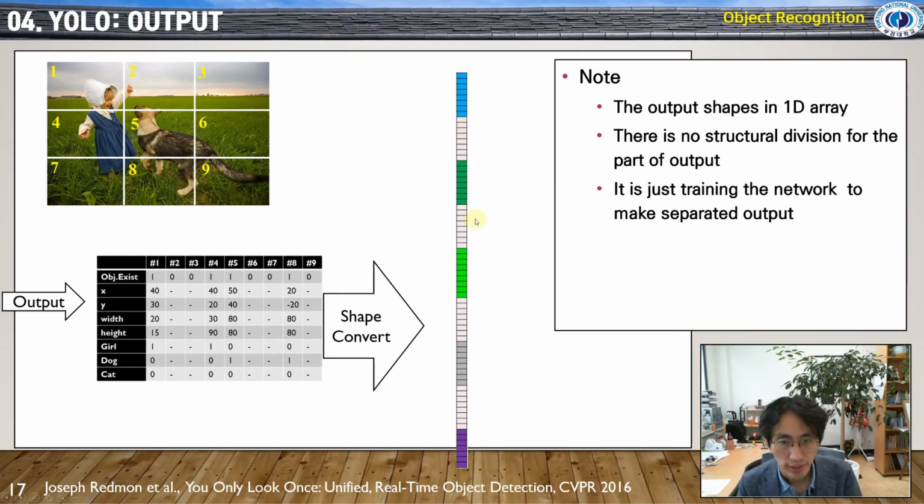If there is an output here where the value for object existence is close to 1, which means this is number 1, 2, 3, 4, 5, then number 5 has an object. So this is how the network works.